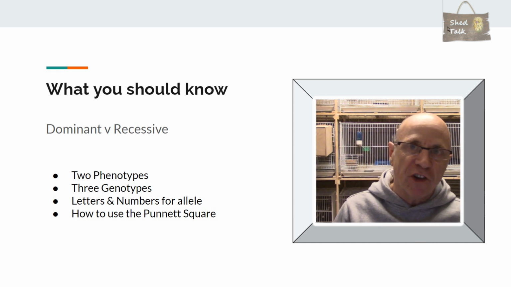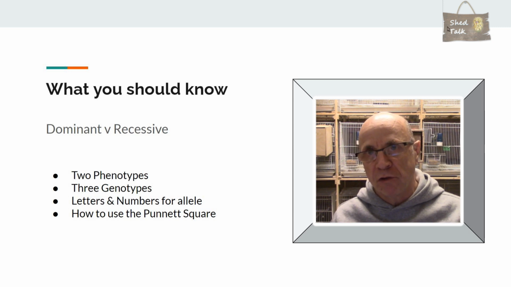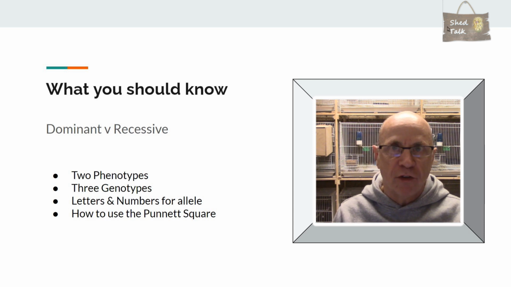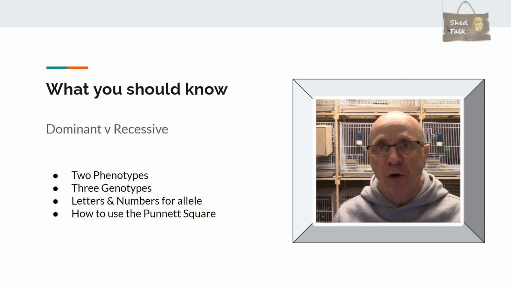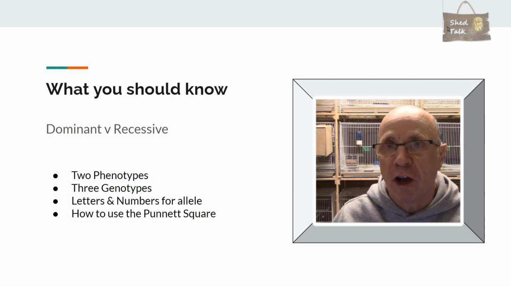In the last video we looked at the interaction between dominant varieties and recessive varieties, so dominant allele and recessive allele. And from those you will remember that whilst there were 3 genotypes, there were only 2 phenotypes.